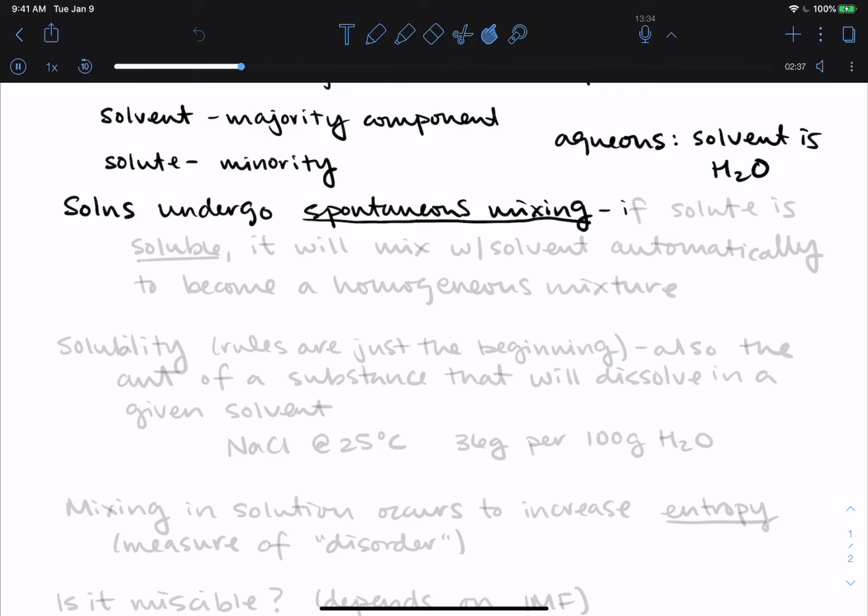And what this means is that if the solute is soluble, it will mix with the solvent automatically to become a homogeneous mixture.